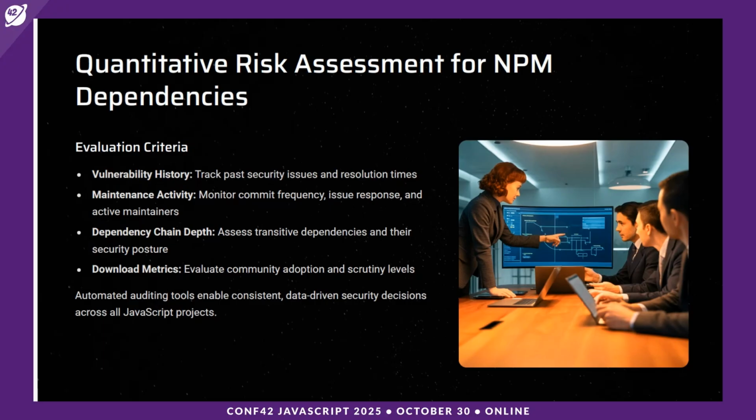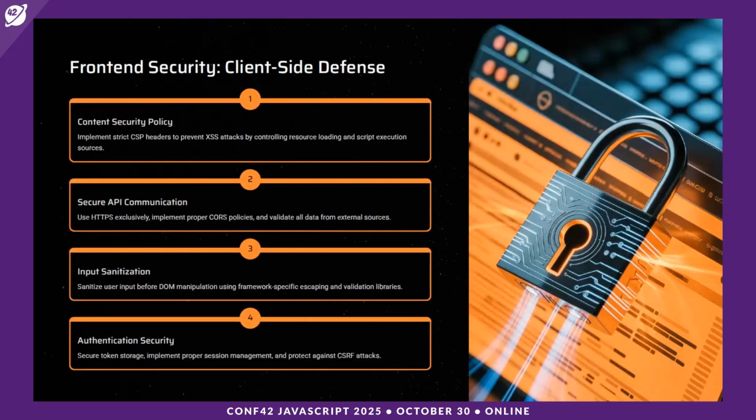Dependency chain depth assesses transitive dependencies and their security posture. Download metrics evaluate community adoption and security levels. Another one is automated auditing tools, which enable consistent data-driven security decisions across JavaScript projects.